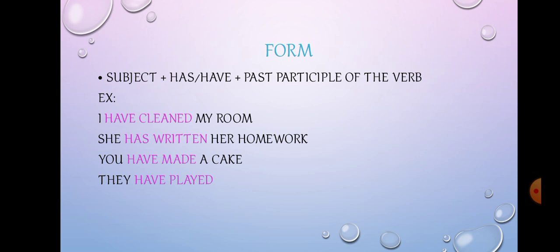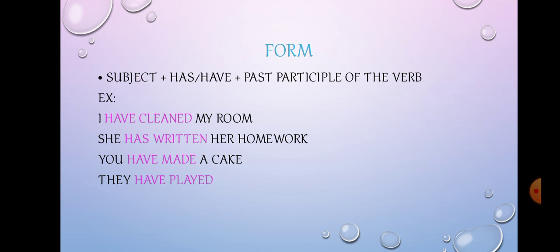Here you can see the pink highlighted parts are the present perfect tense verbs. I have written the past participle of the verb. For example, in the first sentence, cleaned is the past participle of the verb clean. Similarly, written, in the second sentence, is the past participle of the verb write.